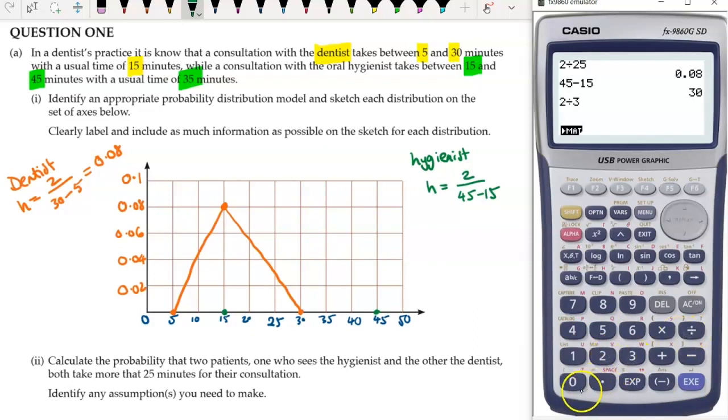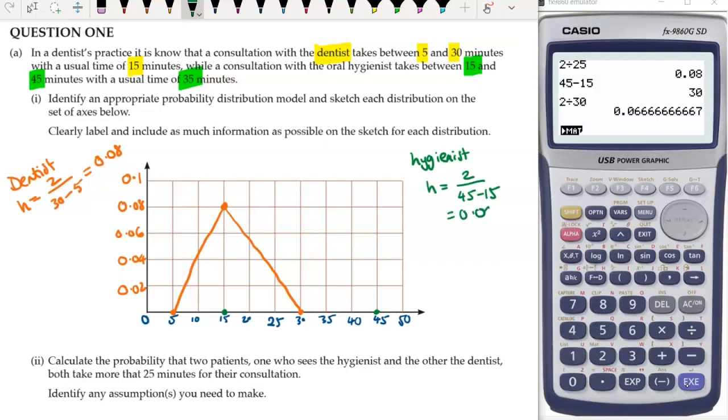So 2 divided by 30, 0.067. So we're going to have that height is happening at 35, and we need to go up to 0.067, so roughly here.